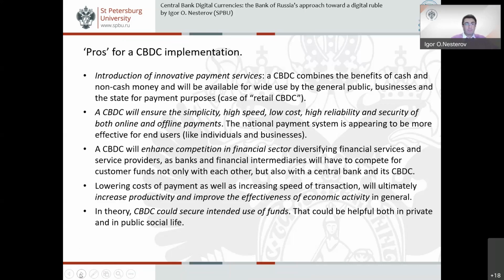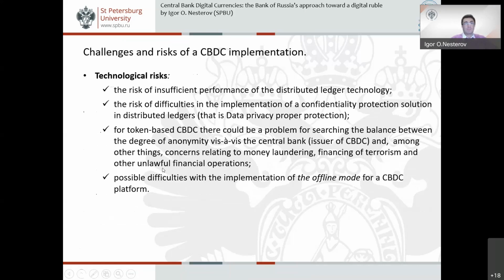However, there are a lot of challenges and risks attributed to CBDC implementation. Among them are technological risks, the risk of insufficient performance of the distributed ledger technology, the risk of difficulties in the implementation of confidentiality and protection solutions, data privacy and proper protection, a risk for token-based CBDC that we have already mentioned.